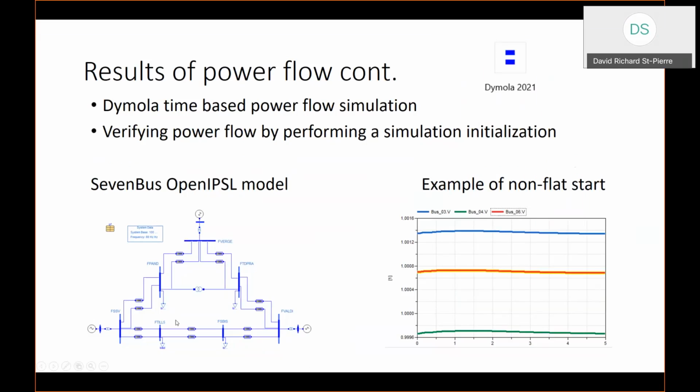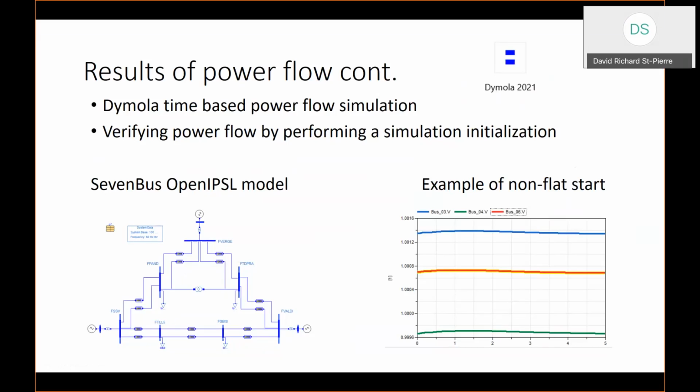buses in this system. Now, if the solution that I have attained is correct, we'll notice that over time, the solution will be stable. If we plot the bus voltages, they will be flat over time. This is because if the power flow is correct, the system is at equilibrium. It's at a valid solution.